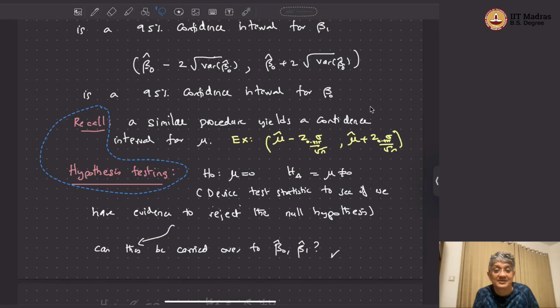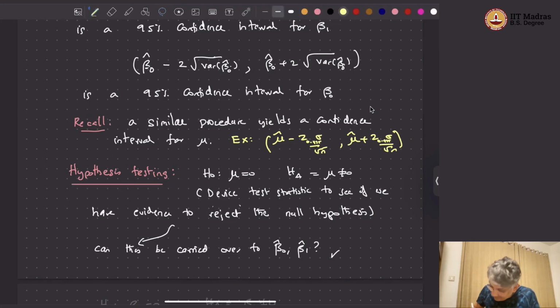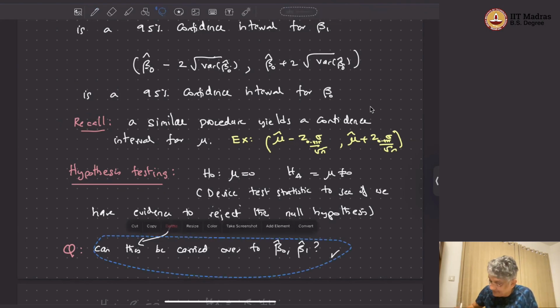We devise several statistical tests to see if you have evidence to reject the null hypothesis. So the question I want to ask is, can I do the same thing for beta naught and beta 1 hat? I have an estimator. If I have a hypothesis, can I test it? Can I tell you whether beta 1 hat is genuinely not 0? It means there's a real slope for the line, or else y i is independent.